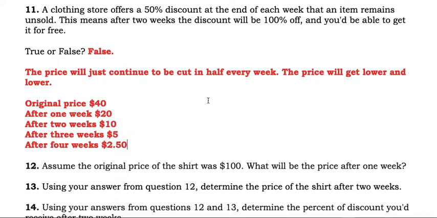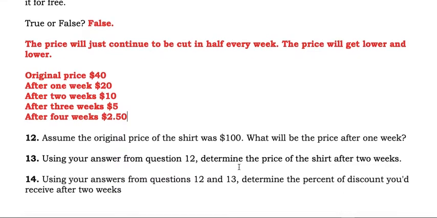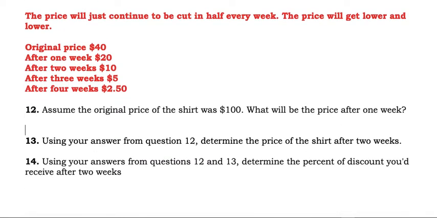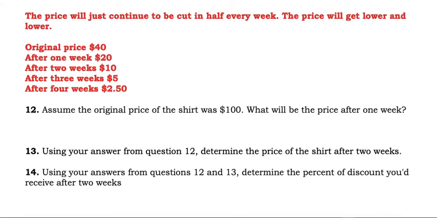Now in the next questions, I basically asked you to do what I just did. I told you assume the original price of the shirt was $100. If the original price was $100, you have to calculate the price after 1 week. So if the original price is $100, remember we're cutting it in half.